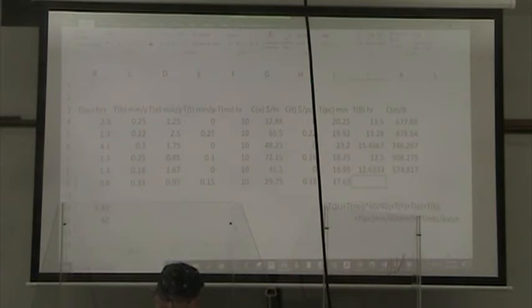And that's going to be equal to our time per piece in minutes times our batch size divided by 60 minutes per hour, and equals our time for the batch in hours times our cost of operation in dollars per hour, plus the cost in dollars per piece times batch size for the tools.